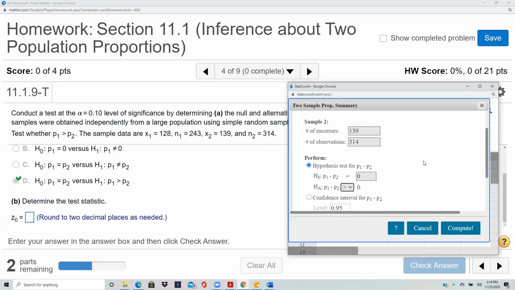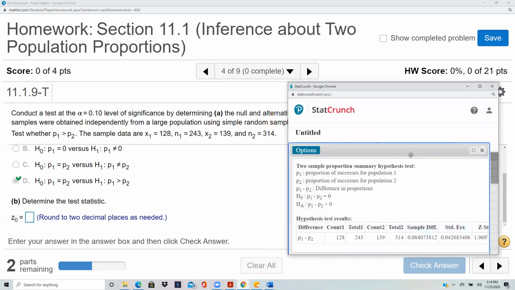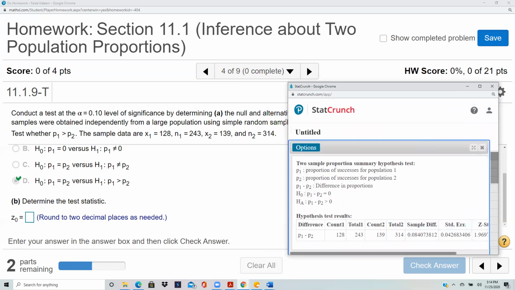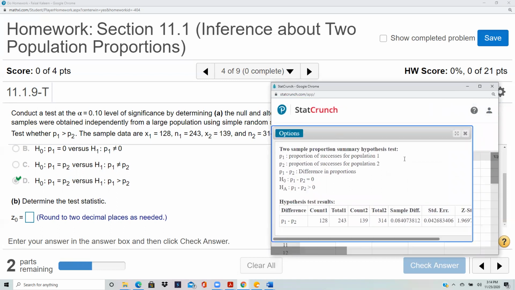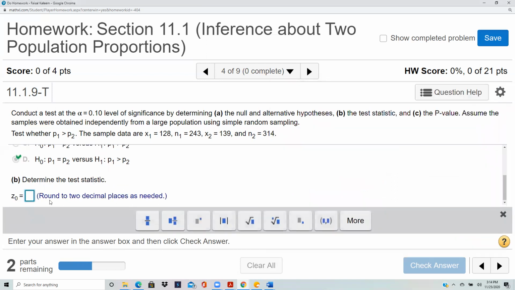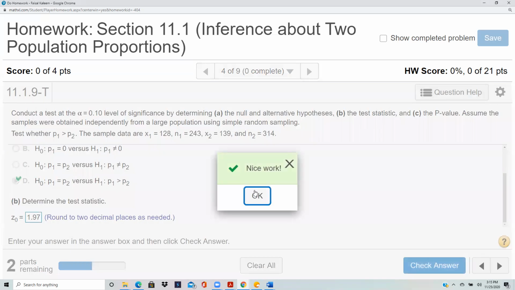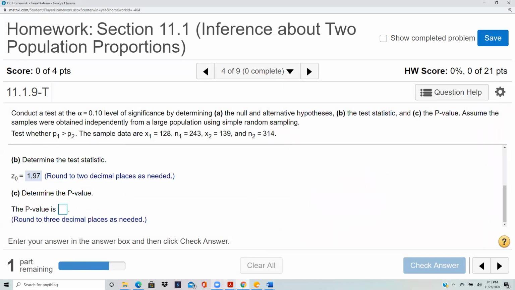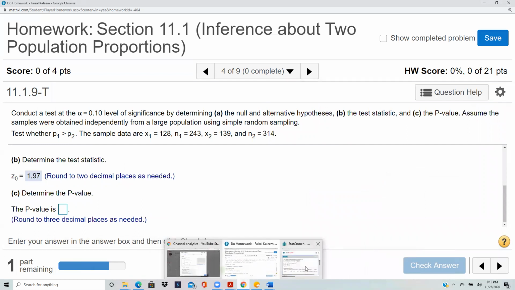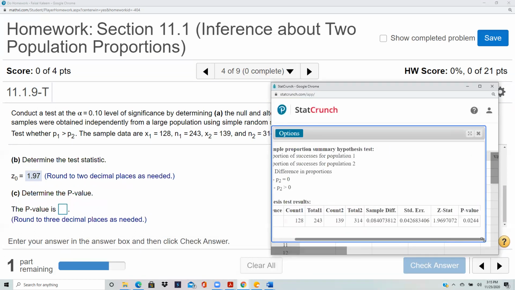Okay, the test statistic is 1.97. The P-value was 0.0244.